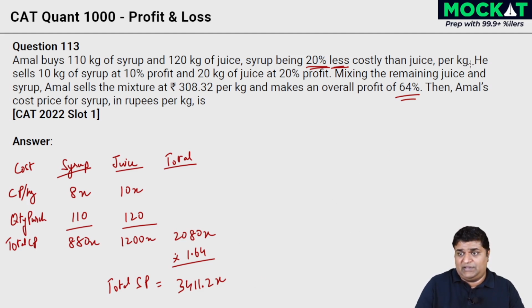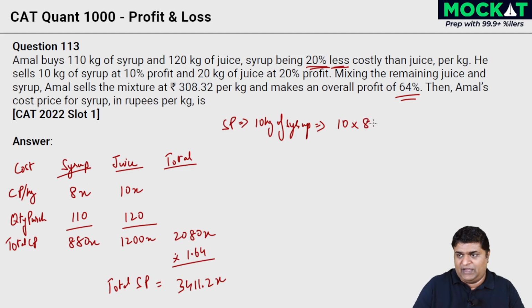Now, what's the other scenario? They've broken it up and given us certain values, right? So what happens on the direct selling price front, 10 kg of syrup, right, was sold for what price? A 10% profit on the syrup's cost price. 10% of 8x is 0.8x, that much extra.